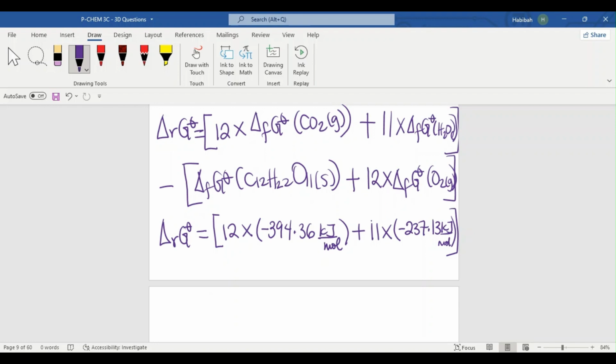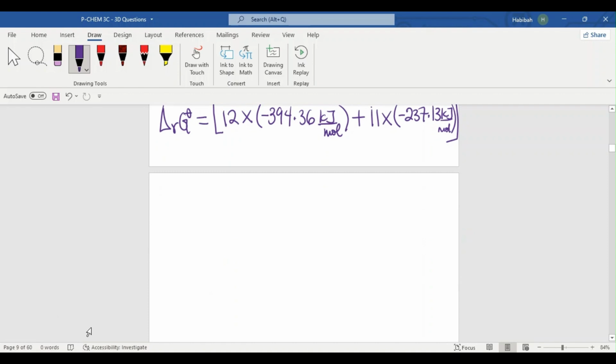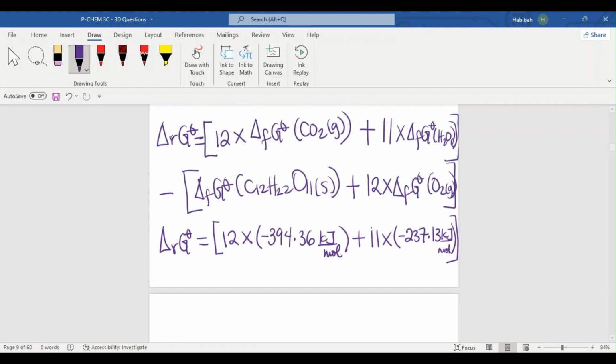And then you have minus the Gibbs energy of formation for the sucrose, which is C12H22O11 solid. We have that to be negative 1543 kilojoule per mole. Plus the Gibbs energy of formation of O2, which is just 12 times the Gibbs energy of formation for O2.